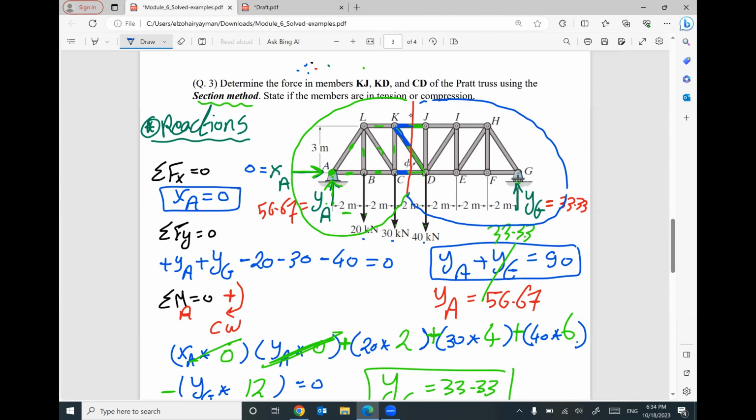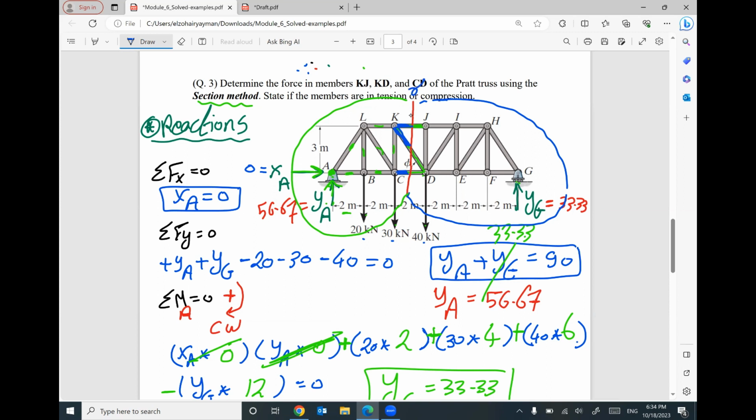So guys, how to use the section method? We need first to start with reactions. Once you have your reactions, cut your truss. Keep in your mind, your section will pass through the three required members. This cut divides your truss into two parts, one on the right, one on the left. It's up to you.